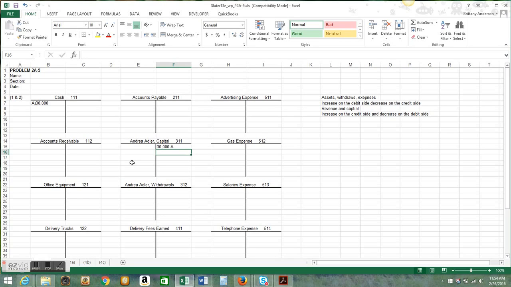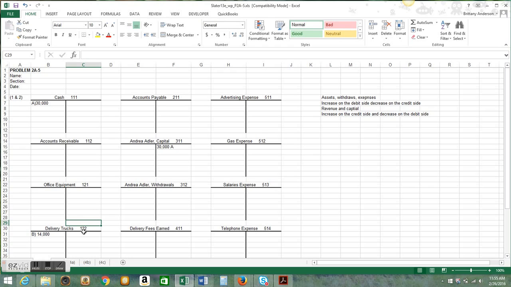Letter B. We purchase a delivery truck on account. So what is happening here? We know that we're purchasing a delivery truck and we're going to pay our vendor in the future. What accounts are involved? Our delivery truck and our accounts payable. My delivery truck is an asset, so again, it is going to increase on the debit side, and it was for $14,000.